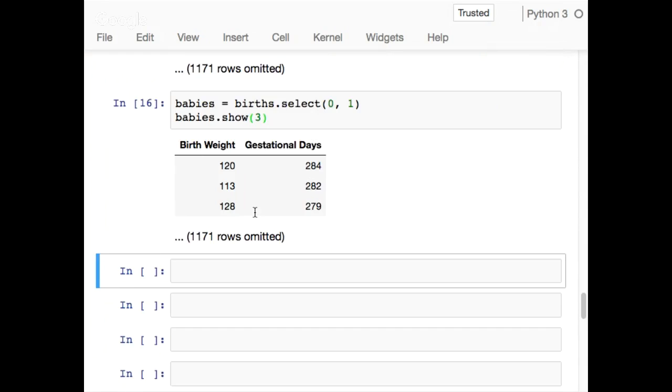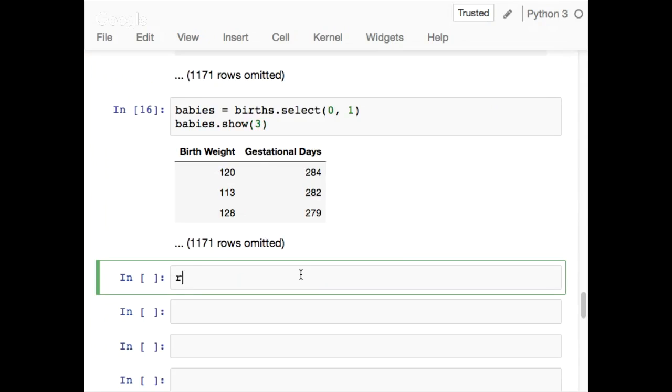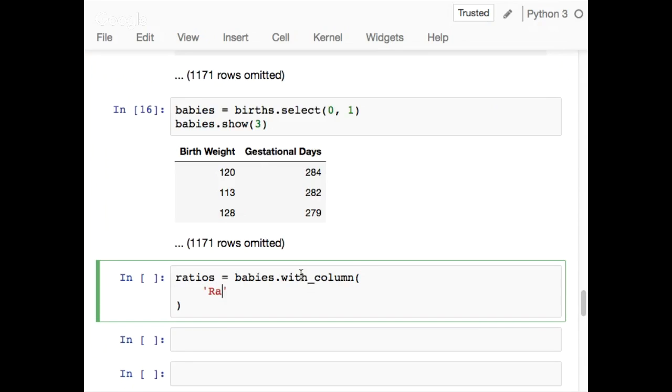What I'm going to do is create the ratio of weight divided by days. So let's do that. Call that a ratio of birth weight to gestational days. And take the baby's table, take the first column, divide by second.